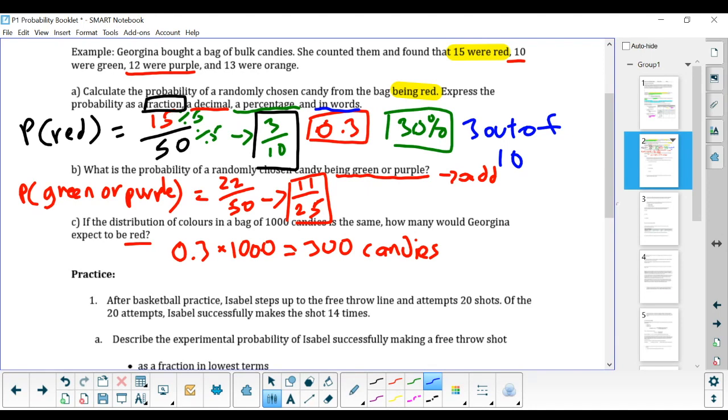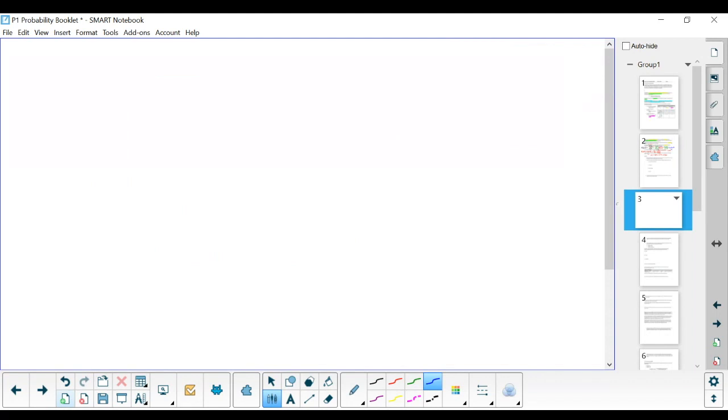There's a second alternative solution to this problem as well. We could say to ourselves, if we expect 3 out of 10 candies to be red, it has to be proportional to an x number of candies over 1,000. So now that we've set up a proportion, we can go ahead and cross multiply.